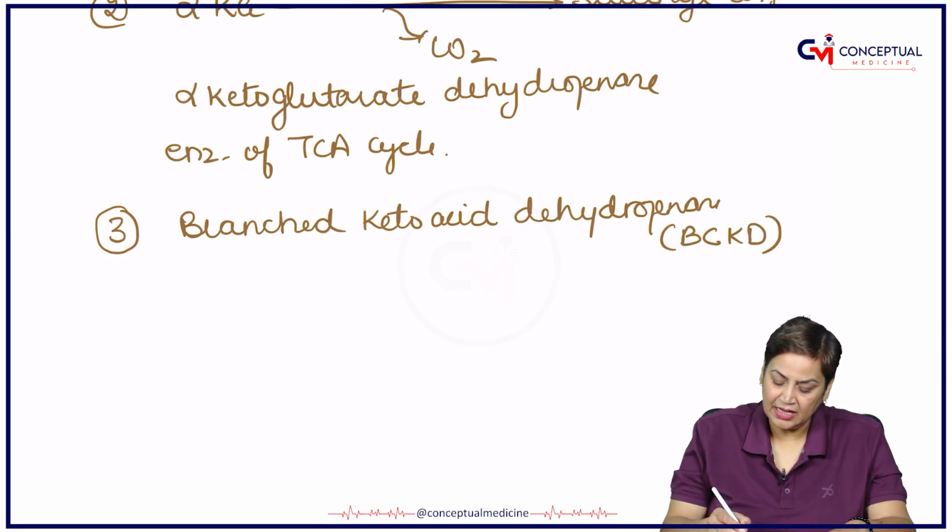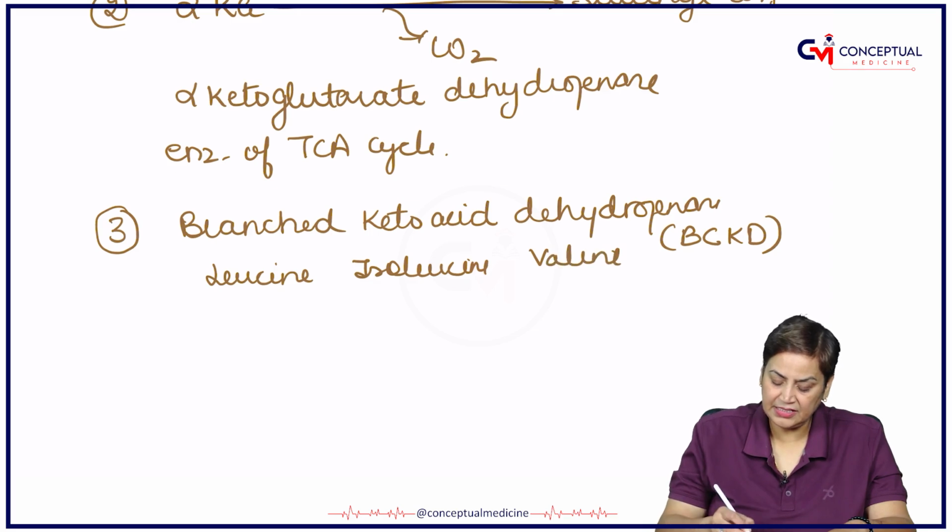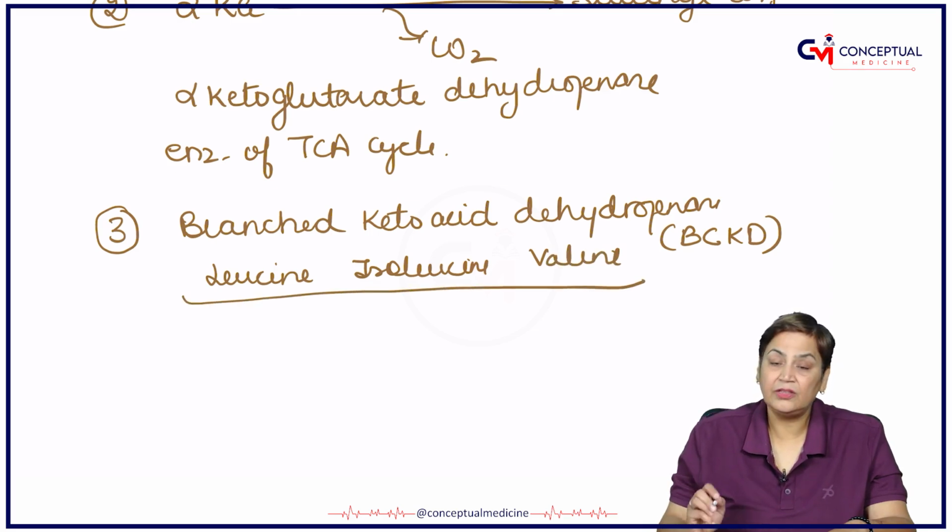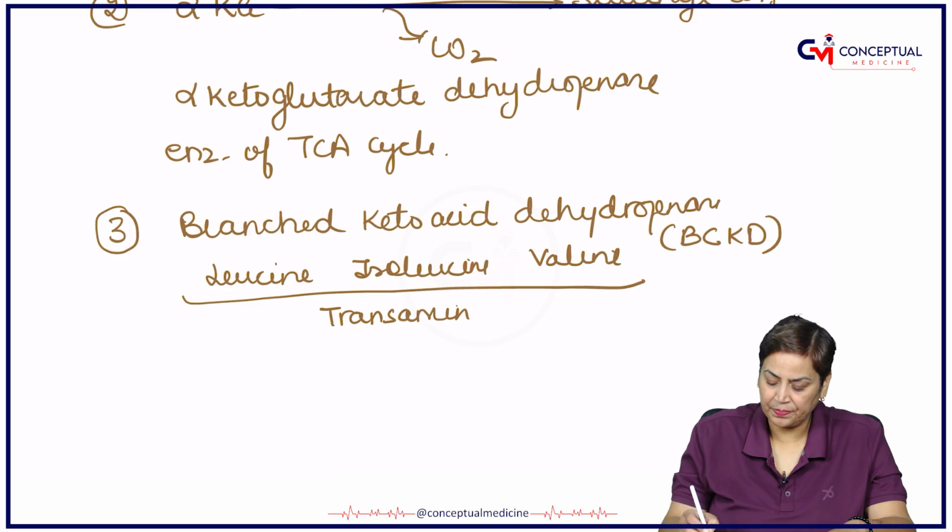And we know that there is a common reaction. If you remember, the mnemonic is live leucine, isoleucine and valine. These three undergo three common reactions, followed by one is transamination, second is dehydrogenation and decarboxylation.